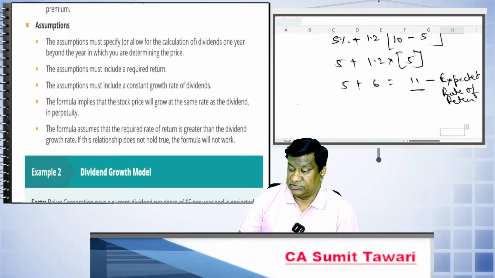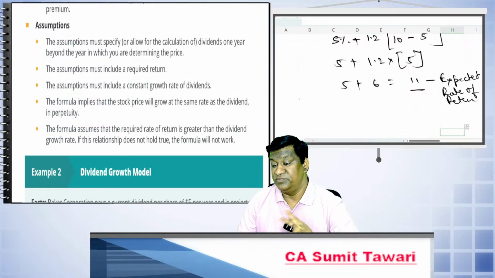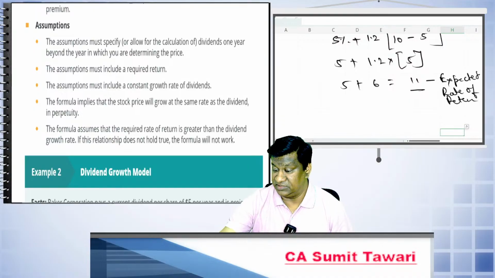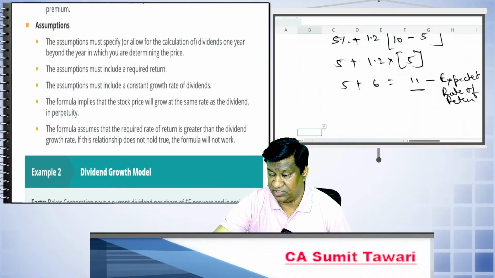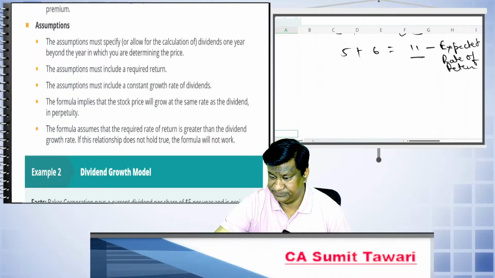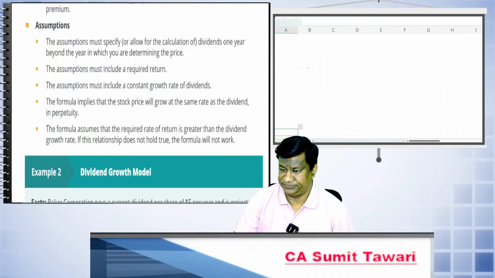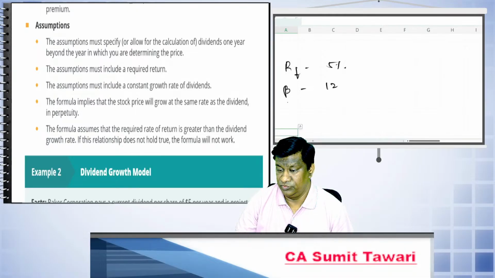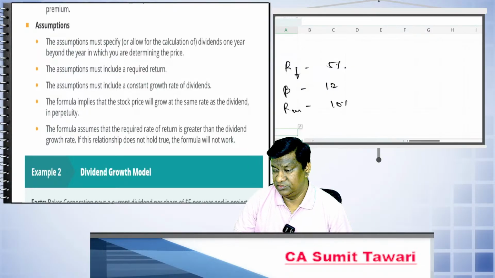Okay, and sometimes you may get a combined problem like this. You will get information, say risk-free rate of return 5%, beta 1.2, then market rate of return 10%.